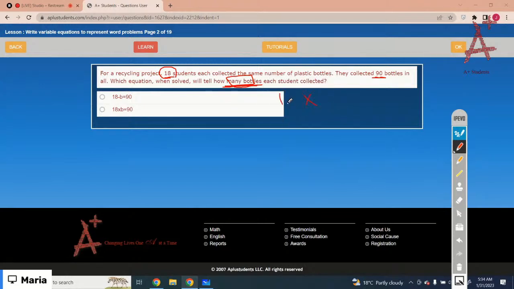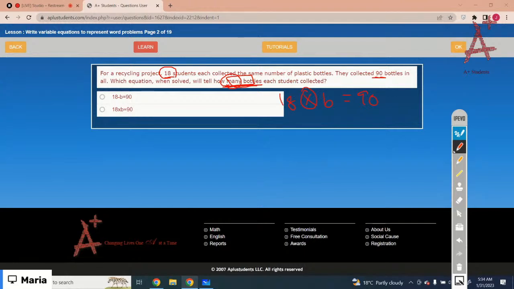You have 18 students and they collected the bottles. They collected 90 bottles in all. So we already know the answer is 90. When solved, it will tell you how many bottles each. From here, I know that they are multiplying. It would be 18 times B equals 90.